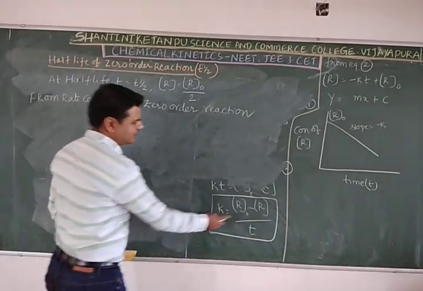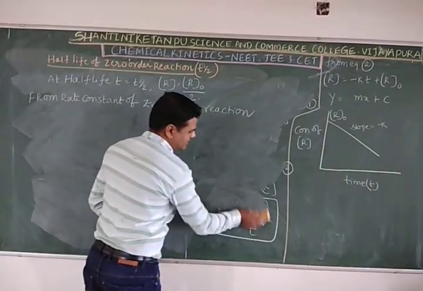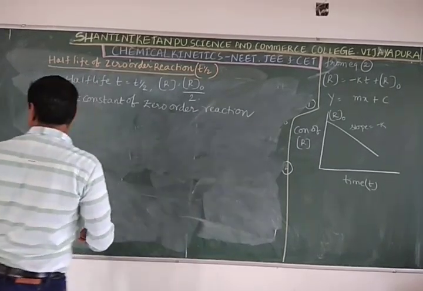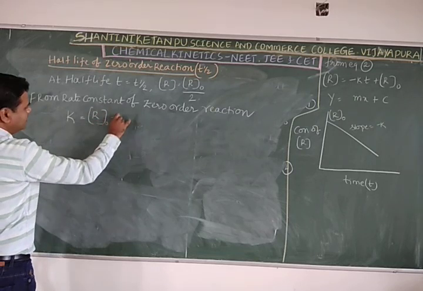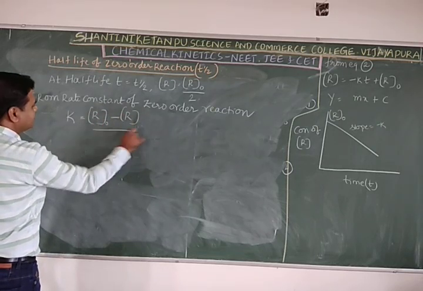We have taken it as R naught minus R by T. That equation I am taking now. K is equal to R naught minus R by T.